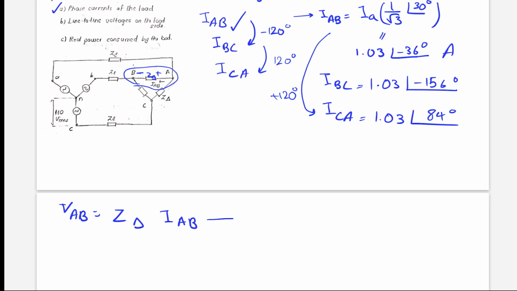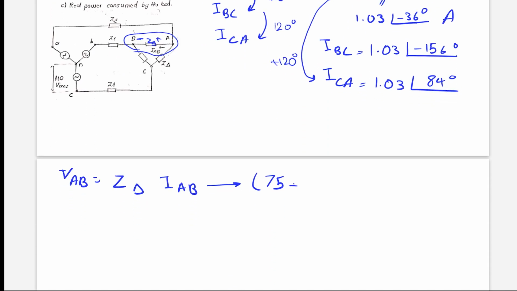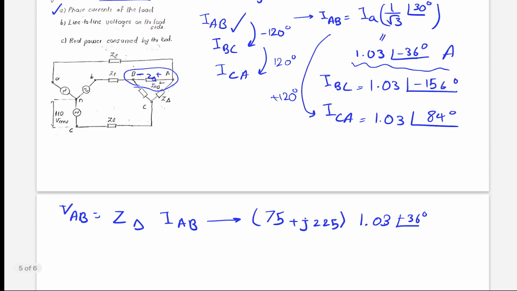So from here, we can say what Z delta is. It is given here: 75 plus J225 times 1.03, which we found, with the phase of minus 36 degrees.